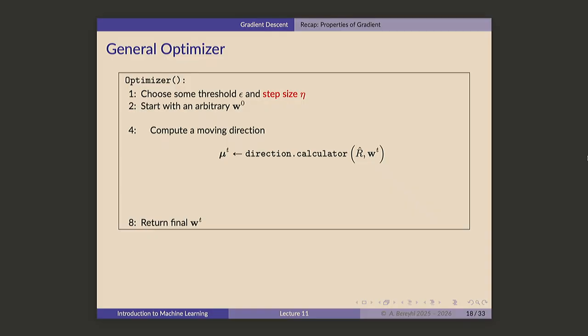Then you are going to find one direction, which you shortly see is the negative gradient. That direction, mu, should be of the same dimension as w. This is the direction that you should go in order to have your surface dropping.